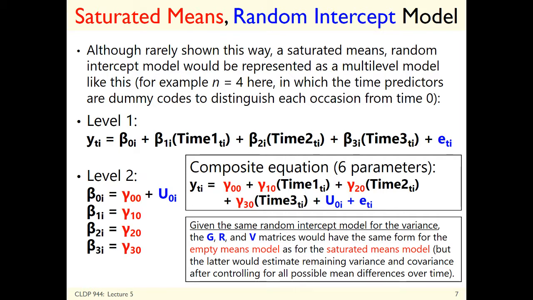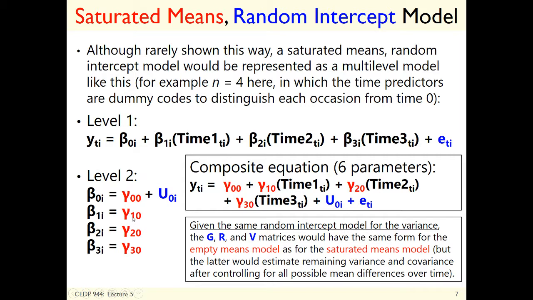That means there's 4 level 2 equations, 1 per beta, always. If you look at the equations for beta 1, 2, and 3, these sort of look redundant because there's only one thing there. So I've written it this way so that I can make that point explicitly.